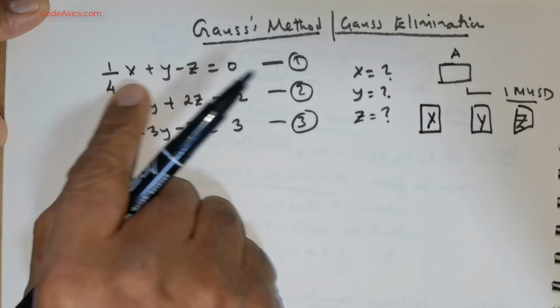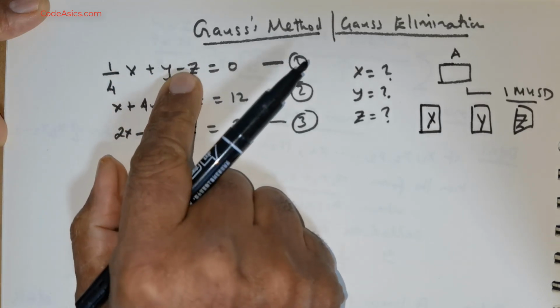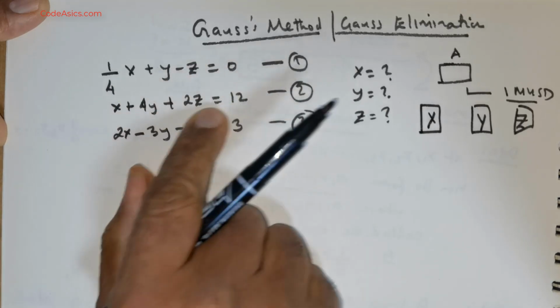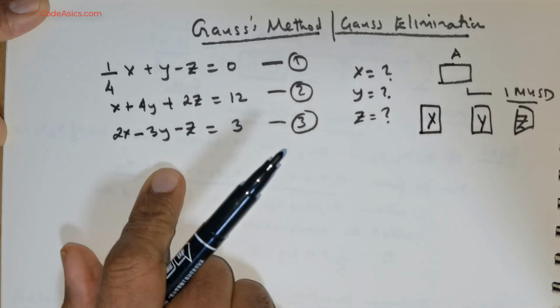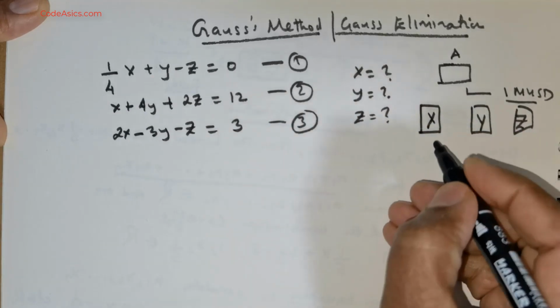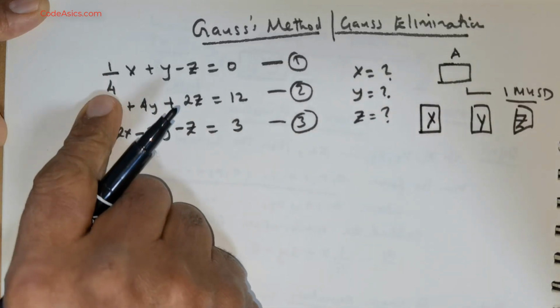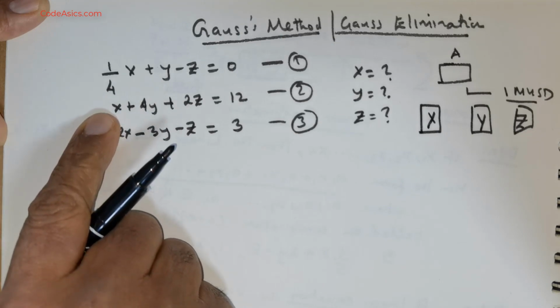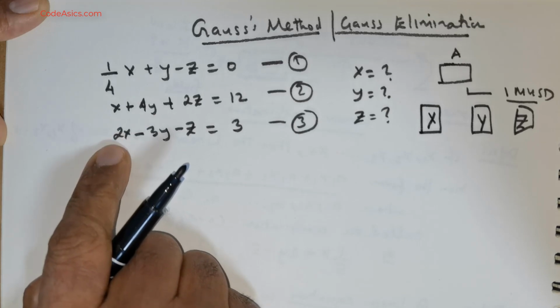These are the values: 1/4, 1, and so on. These are all different sections in which x, y, z have to work. In one part of the project, x has the value 1/4, but in another project x has the value 1, and in the other project x gets the value 2.